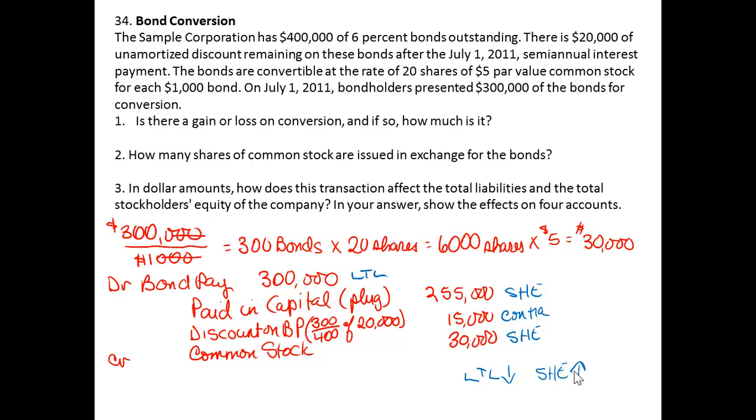So here we have some investors that were holding debt where they would receive the principal and the interest payments, and they're turning in that debt and instead saying, I want to be owners of this company and own stock instead.